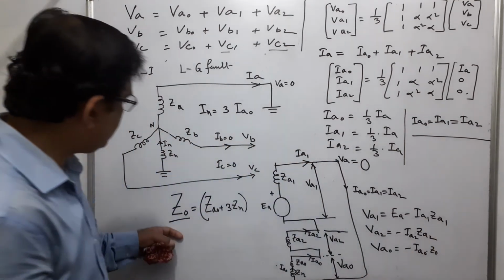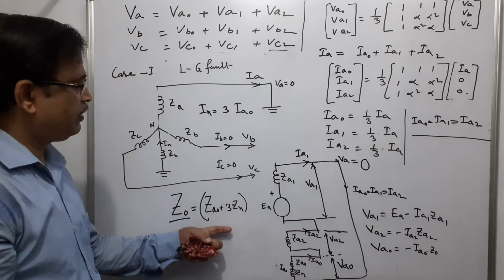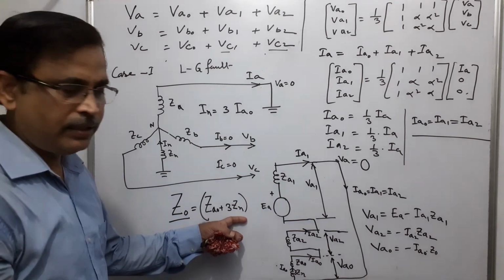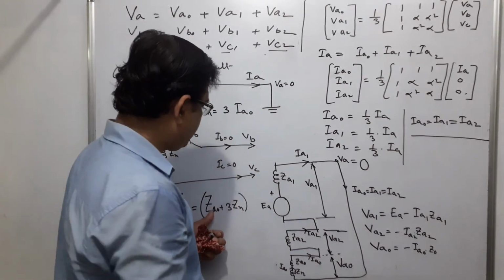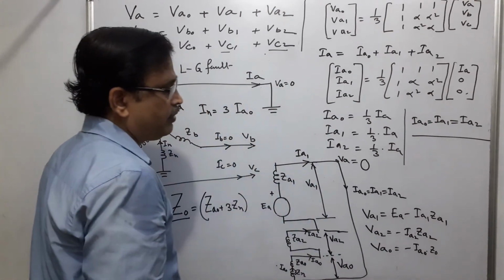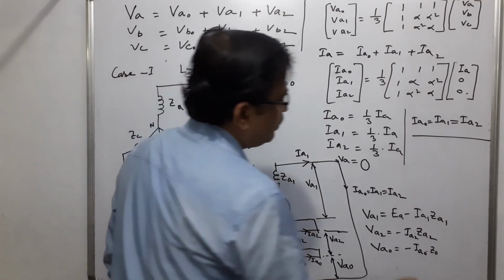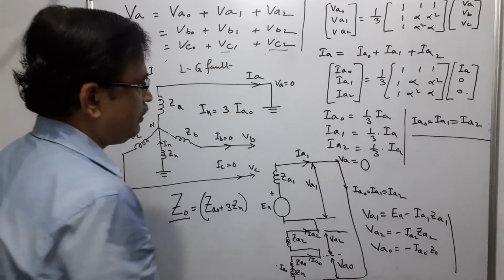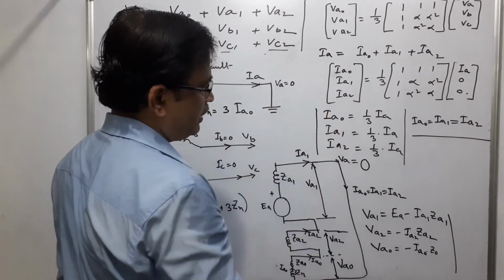Z0 is ZA0 plus 3Zn, where this is the zero sequence impedance and this is the neutral grounding impedance. So from here we get the voltage and the current.